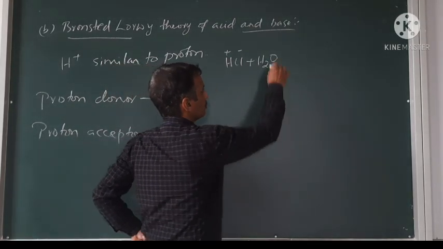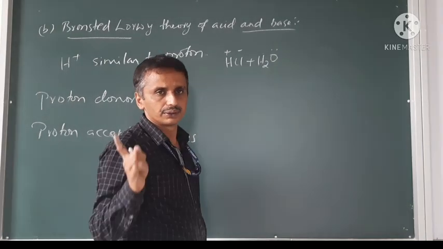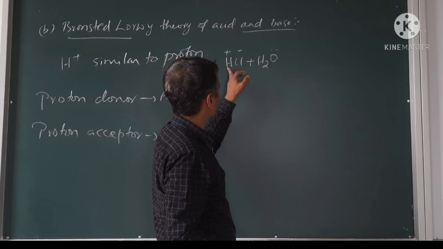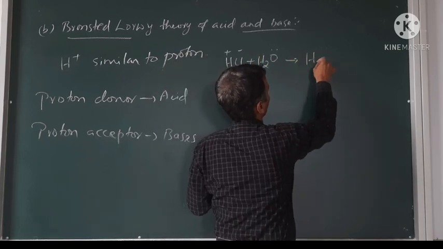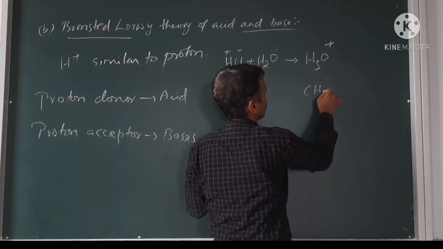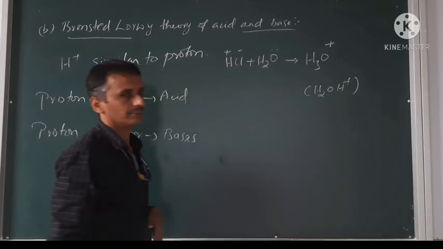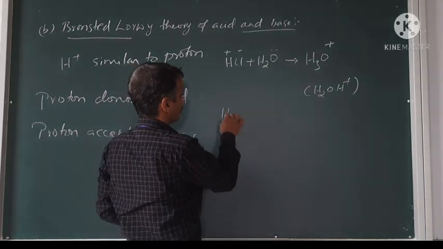And remember there is a lone pair of electrons, non-bonding electrons, on the oxygen. So it takes this H plus ion to give H3O plus ion, or H2O·H plus ion. And this H3O plus ion is known as the hydronium ion.